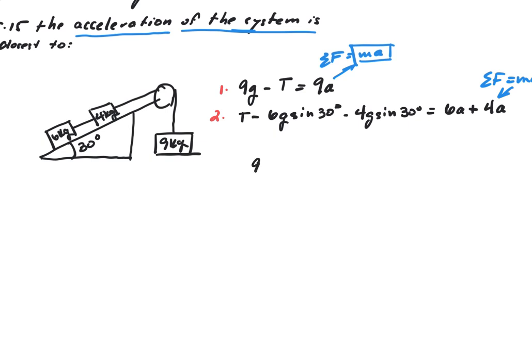When we do this, we get 9g minus 10g sin 30 equals 19a.